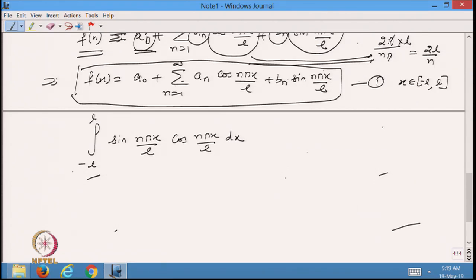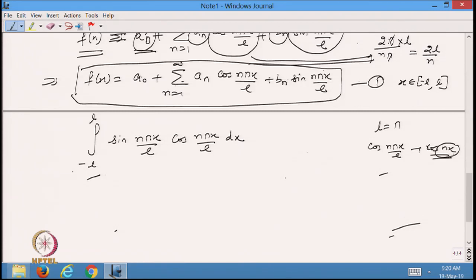If you see, when L is pi, then cos(n pi x by L) becomes cos(nx). So, simply nx. Whenever we are dealing with the period from minus pi to pi, this expression becomes easier and it becomes only nx, otherwise it is n pi x, because we are doing it for an arbitrary interval.